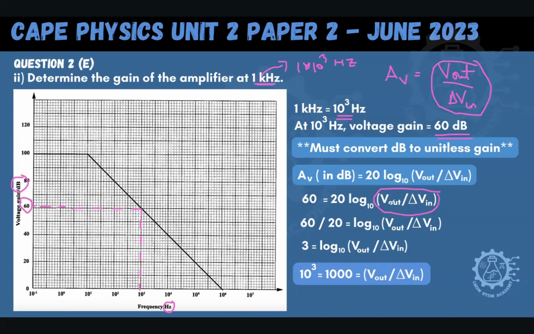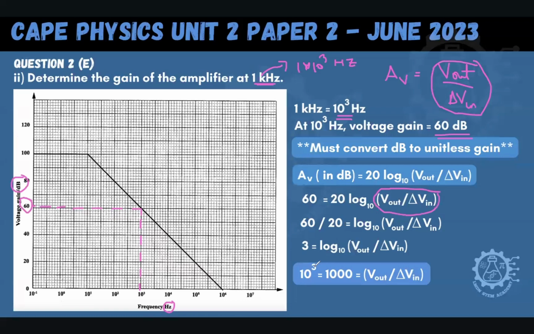So this is my objective. I'm isolating everything to make this be by itself because that's what I want to find. And so I'm going to do 60 over 20 is equal to log V out over delta V in. So I'm going to end up with 3. 60 divided by 20, 3 is equal to log to the base 10 of V out over delta V in. So now all I have to do is undo the log.